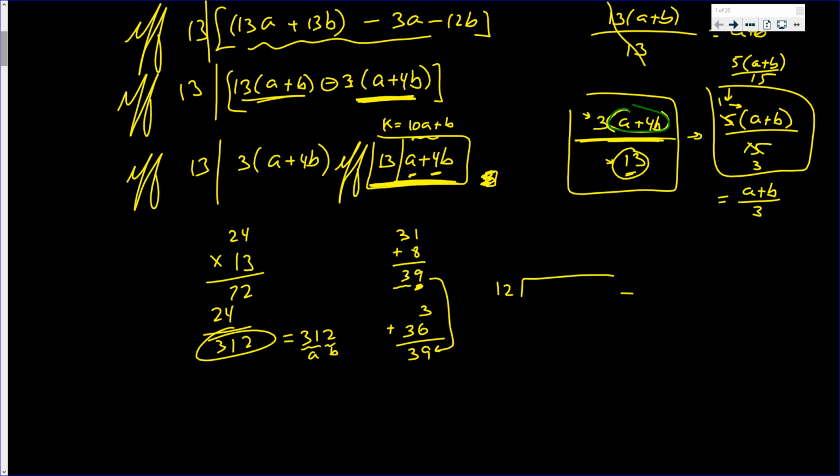So, if it comes down to it, you can verify. 13 goes into 39 three times, and yeah, 13 times 3 is 39. You subtract, you get 0.